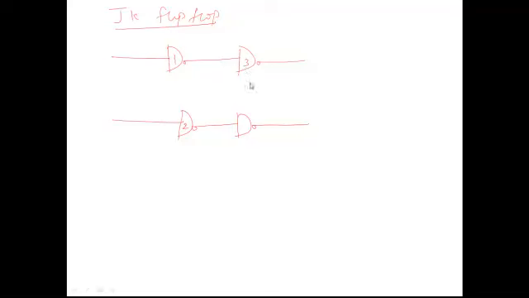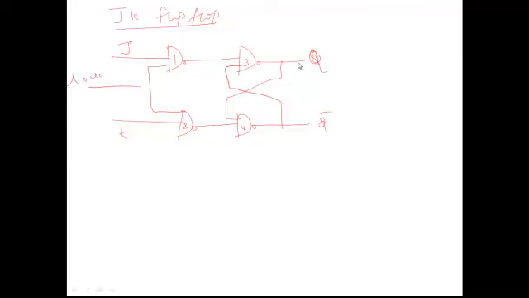This is the SR flip-flop that we saw initially. This is the S input, which we are now writing as the J input. This is the R input, which we now write as the K input. This is Q and this is Q bar. Now, what is the only difference?